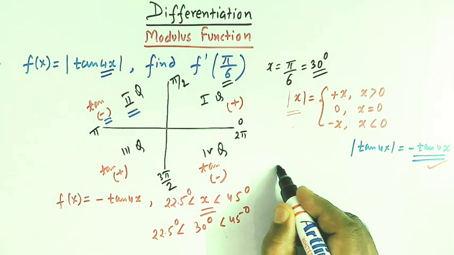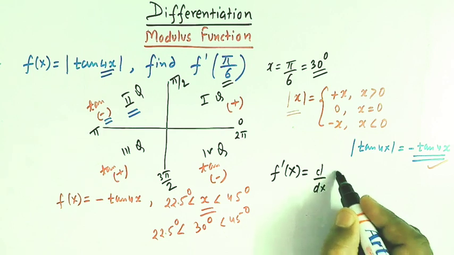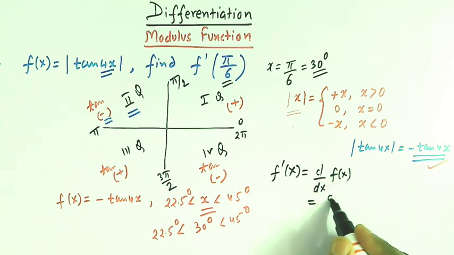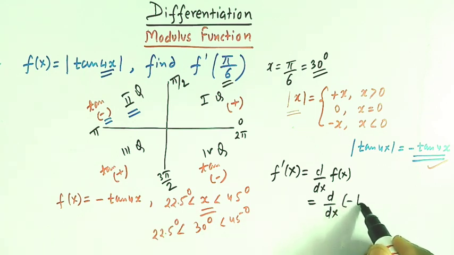Now f prime of x is equal to d by dx of f of x, which is d by dx of minus tangent of 4x.